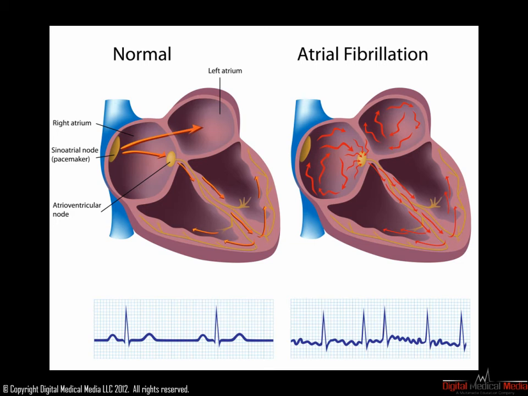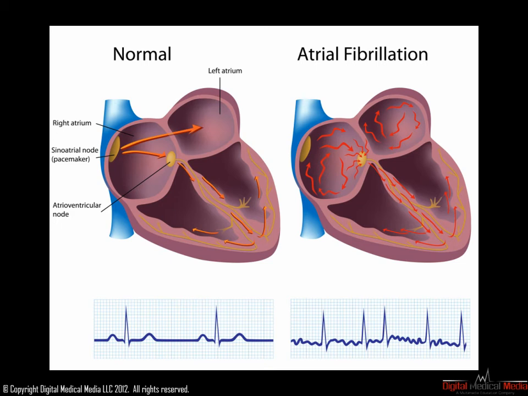In the graphic on the left, normal sinus rhythm is depicted. You can see that the signal starts at the top right of the heart and spreads evenly through both the left and right atria. This even spread causes contraction of the left and right atrium in a coordinated fashion, squeezing the blood out of these chambers and into the ventricles below.